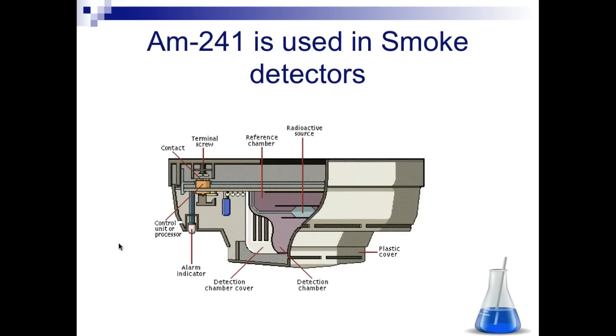Americium-241 is used in smoke detectors. So what happens is that you have this radioactive source, and the radioactive source will shoot out alpha particles.